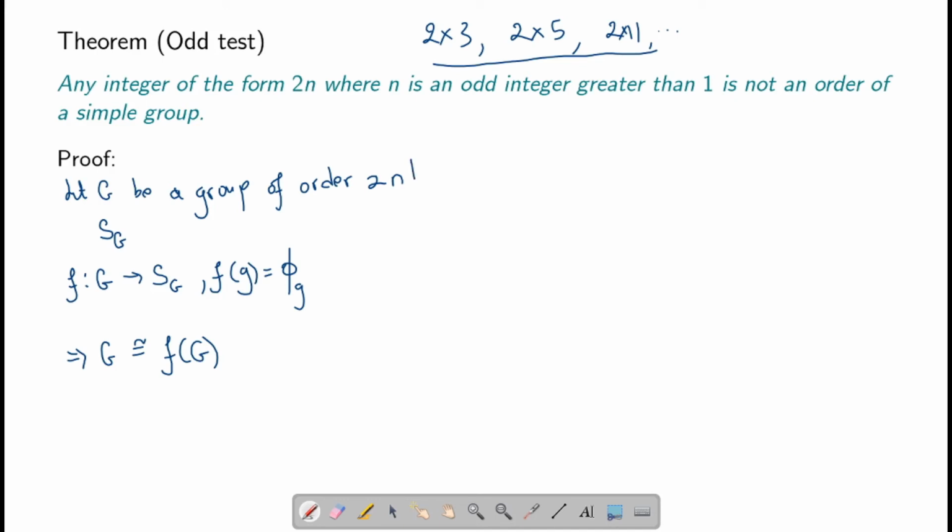Now we know that the order of G is a multiple of 2 and 2 is a prime, which means that G has an element of order 2. Let us take the element of order 2 to be h. Okay, so the image under f of h will be phi h.